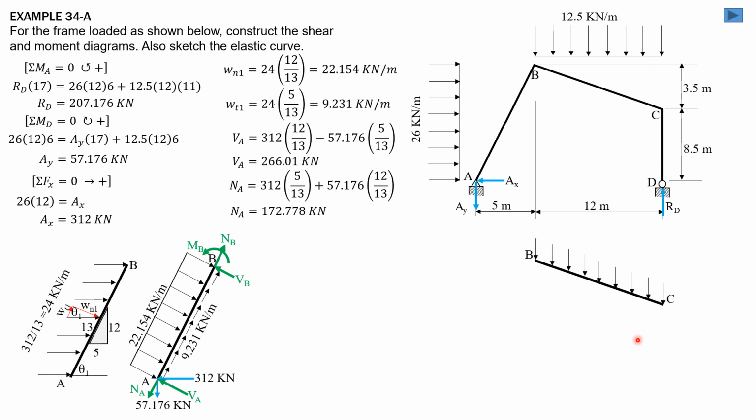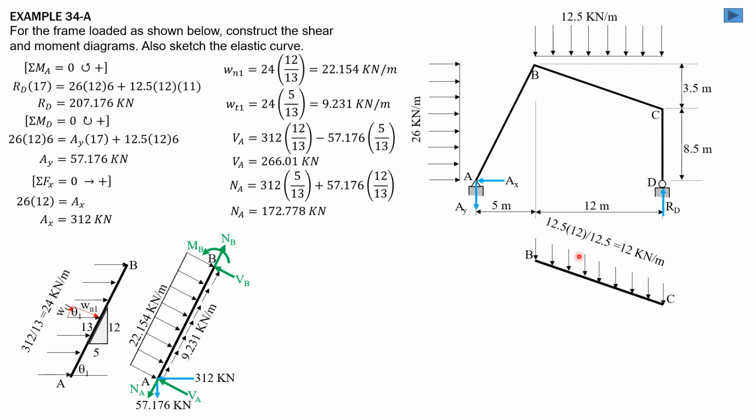For portion BC, over the horizontal projection 12.5 times 12, but over the length of BC. The length of BC is square root of 12 squared plus 3.5 squared, so it is equivalent to a slope of 12 horizontal, 7 vertical, so hypotenuse 12.5.